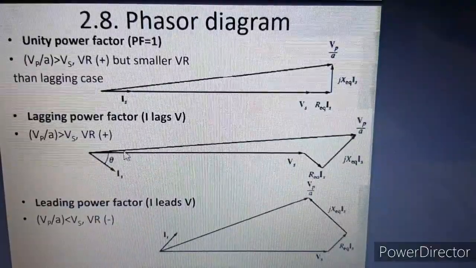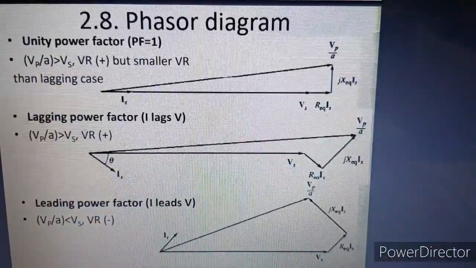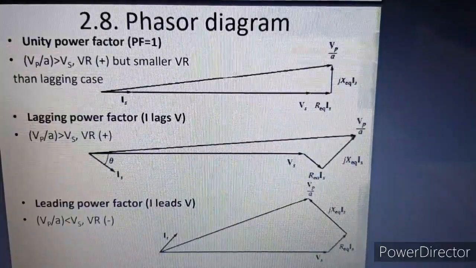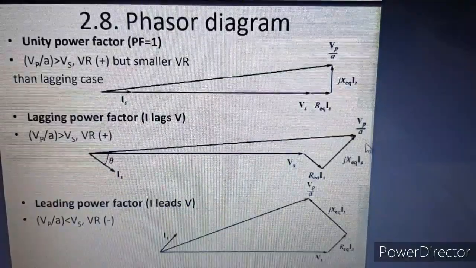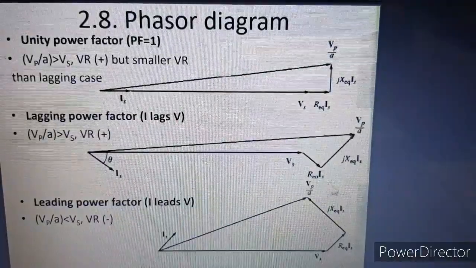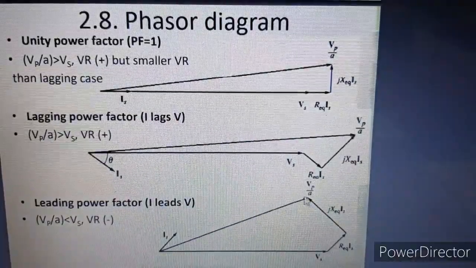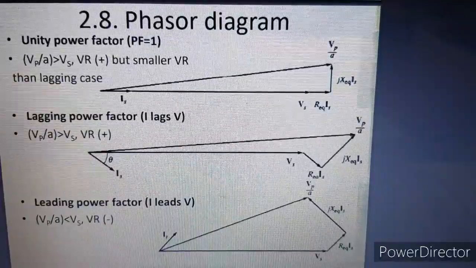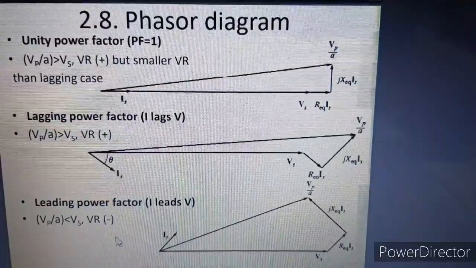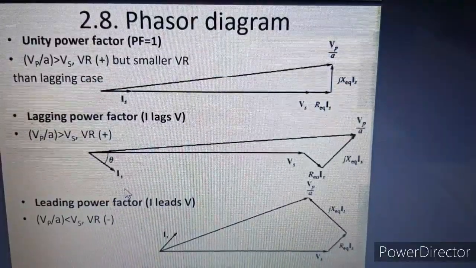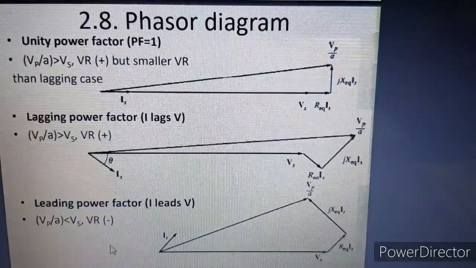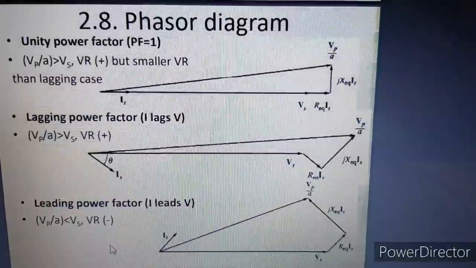Same goes for lagging. Big minus small still gives a positive value. But for leading, the length of Vp over a becomes shorter compared to Vs, so small minus big, you will have a negative VR. So if you calculate VR for a transformer operating at leading power factor, make sure you get a negative answer.